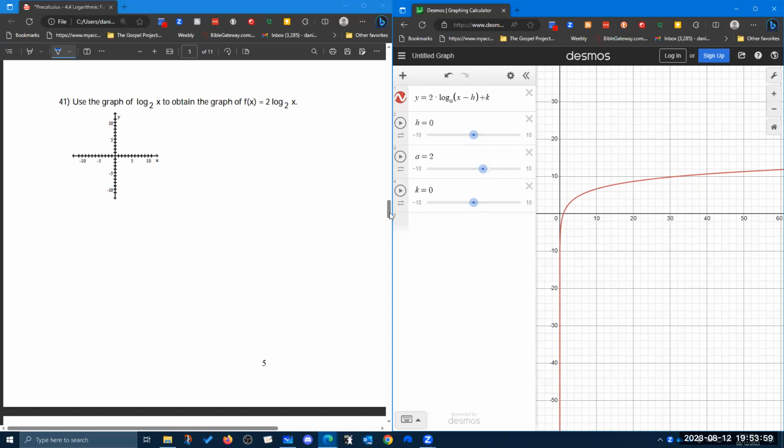Log base 2 of 1 is 0, 2 times 0 is 0, so there's a 1, 0. Log base 2 of 2 is 1. 1 times 2 is 2. Log base 2 of 4 is 2. 2 times 2 is 4. And we're going like this. It's an asymptote right here. And so on.